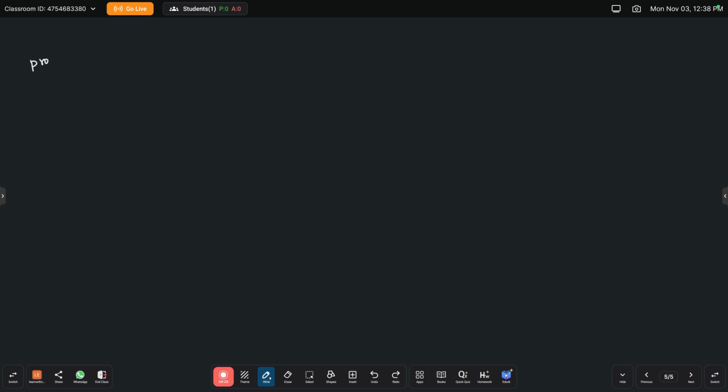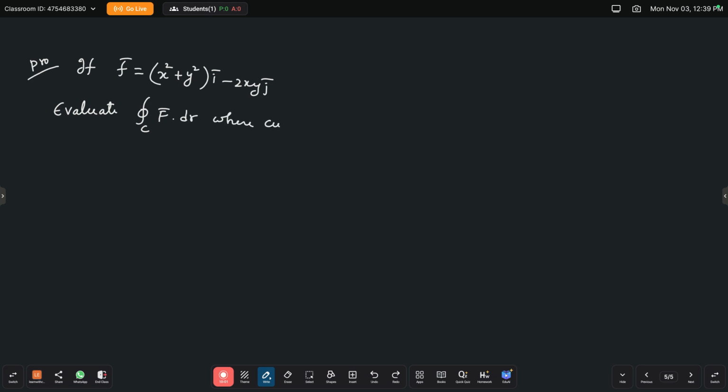See this problem. If f bar is equal to x square plus y square i bar minus 2xy j bar, evaluate the circulation integral of f dot dr, where curve C is a rectangle.